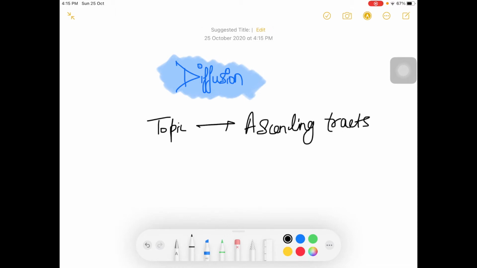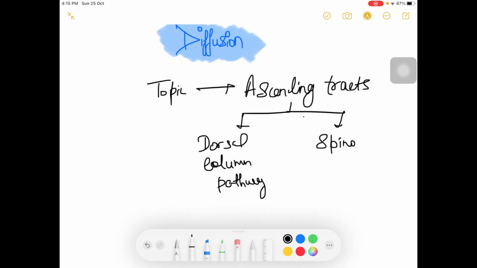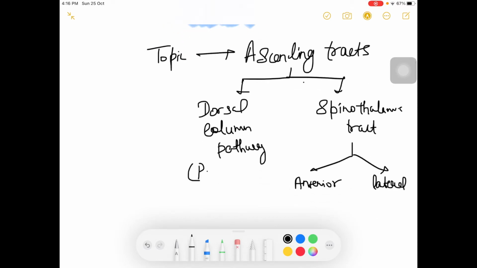And this will include dorsal column pathway, and spinothalamic tract, which further is of two types, which we will see again later, anterior and lateral. So it's also called anterolateral spinothalamic tract, and dorsal column pathway is also known as posterior column pathway.